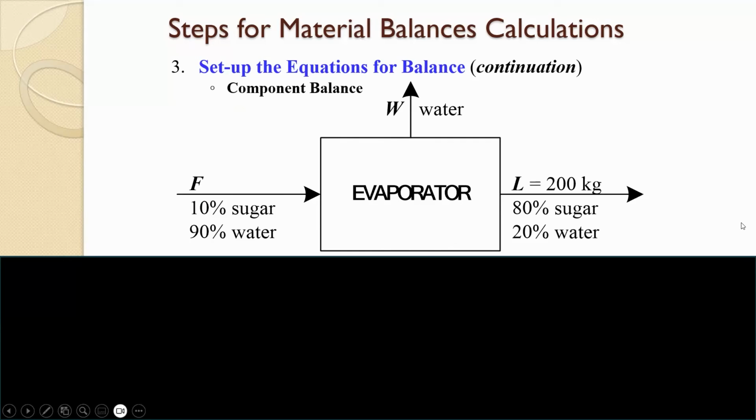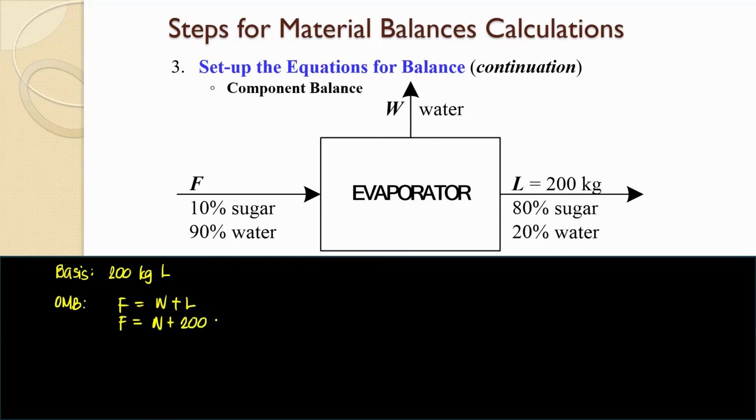First, let's write the basis. I can see that my basis here is 200 kilograms of L. If that's my basis, what's my overall material balance? F equals W plus L. I'll input the known values.